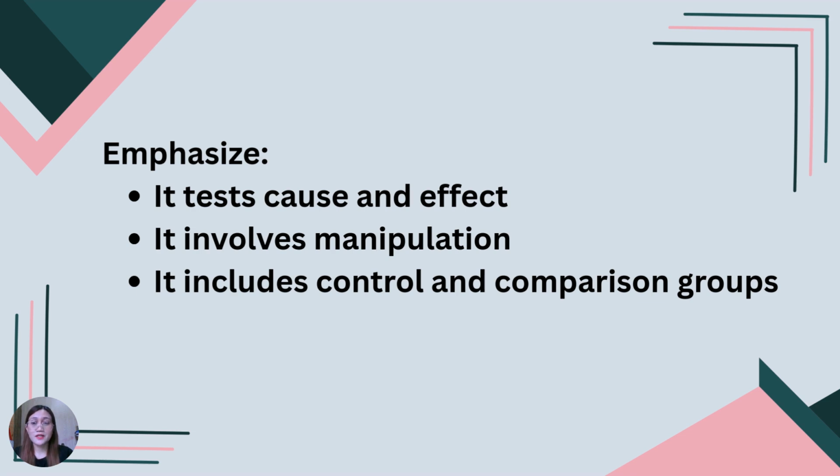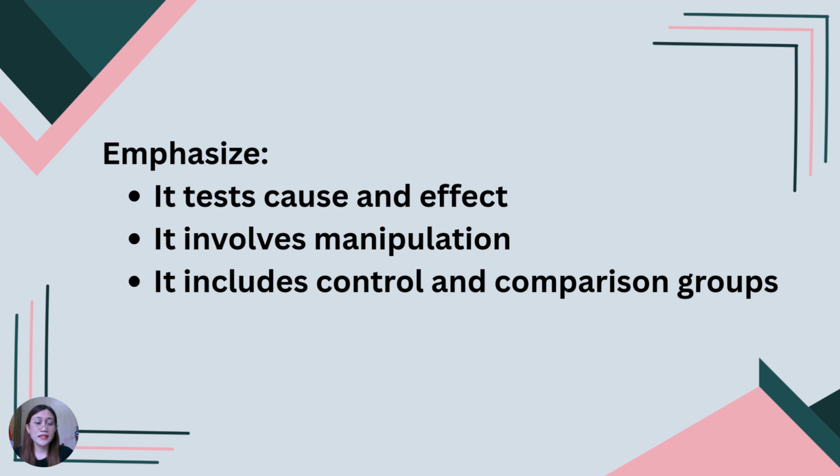For example, if a researcher wants to test whether background music improves concentration, they will assign one group to study with music and another group to study without music. The researcher is actively controlling the condition, so this deliberate change is called manipulation. Without manipulation, the study would only show a relationship, not cause and effect.